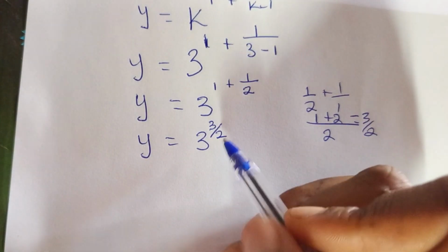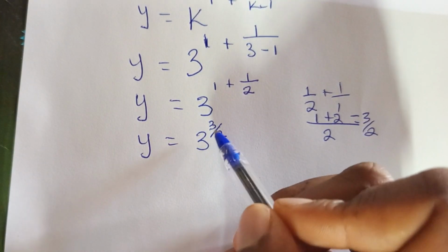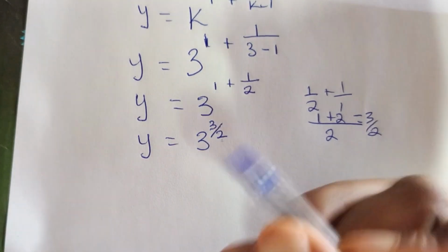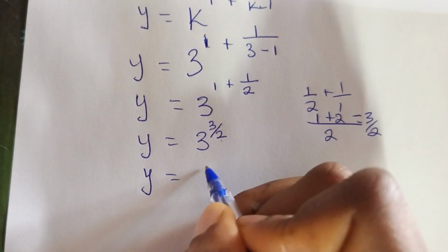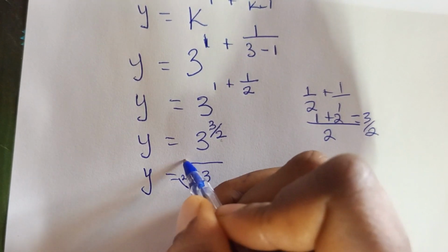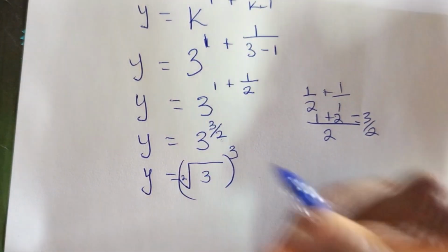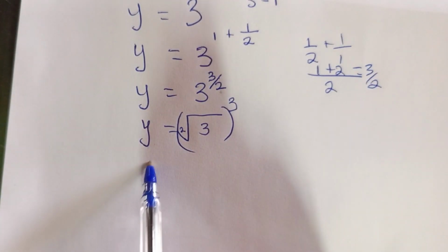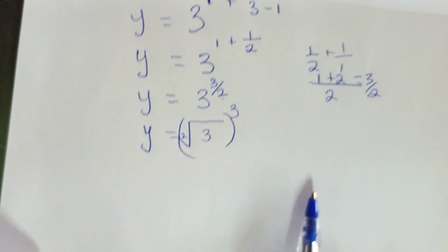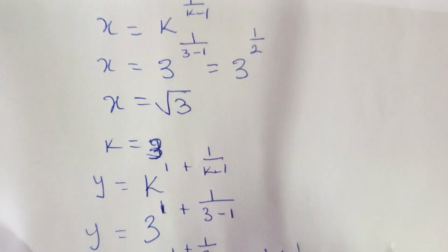To rearrange this, the denominator is the root and the numerator is the power. So y will be equal to the square root of 3 to the power of 3. So this is the value of y, and the value of x is the square root of 3.